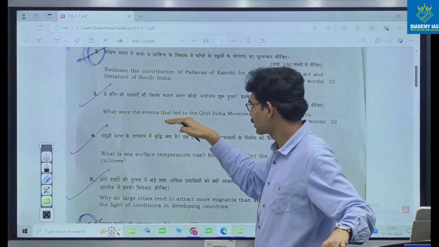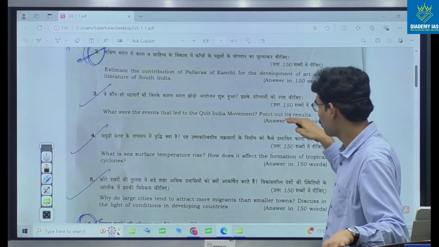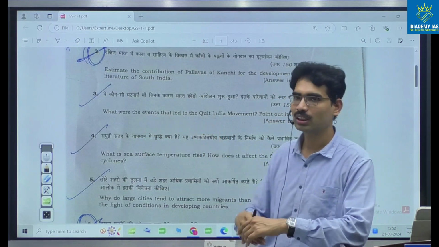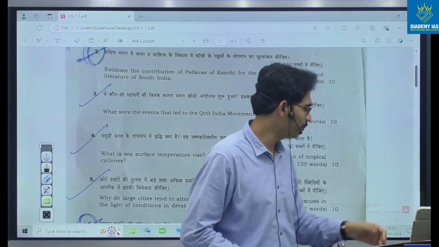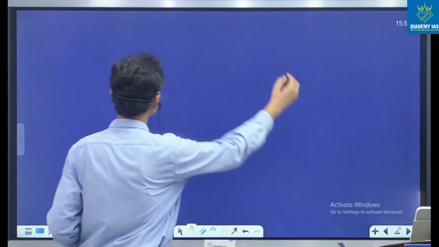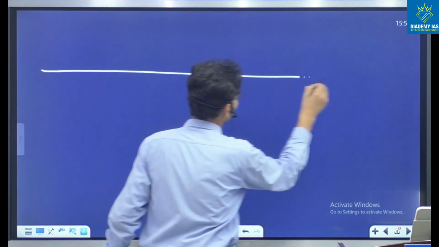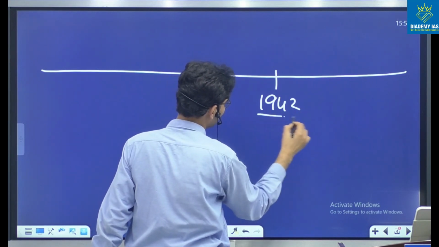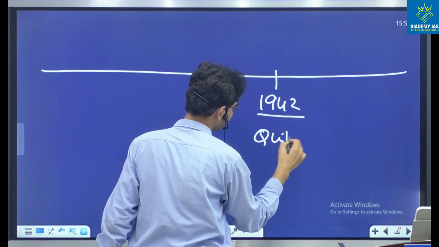What were the events that led to the Quit India movement? Point out its results. So what are the events that led to the Quit India movement? It is simply asking about what are the events that led to the Quit India movement.